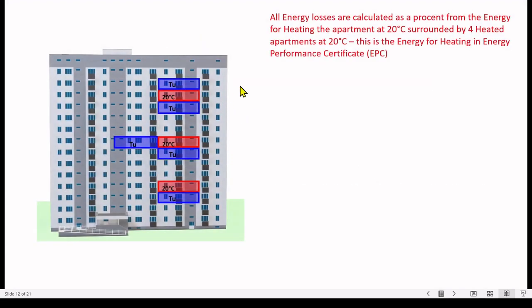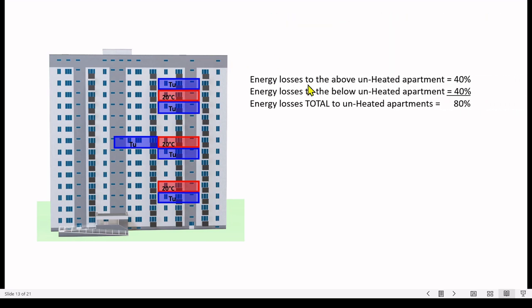Let's see now the situation for calculation. All energy losses are calculated as a percent of the energy for heating the apartment at 20 degrees surrounded by four other apartments at 20 degrees. Again, this is the energy for heating in the energy performance certificate. In the first case, energy losses to the above unheated apartment are 40%.